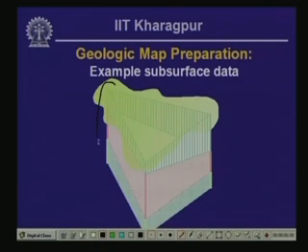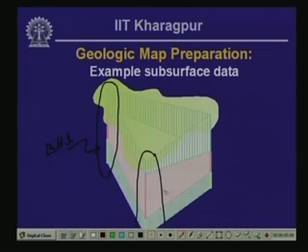One borehole is here, we may call this borehole 1. Then there is another borehole at this location, call this one borehole 2, and another borehole at this location, which is borehole 3.